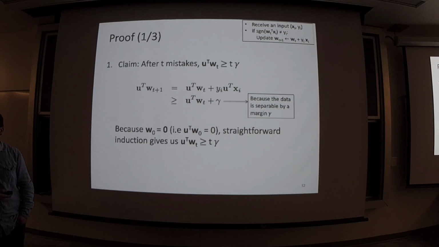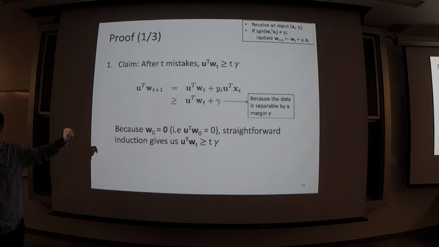It doesn't matter. If t is 0, then the left hand side and right hand side are both 0. If t is 1, you have u transpose w_1 is no less than gamma. Any question regarding this proof? So everyone is comfortable?